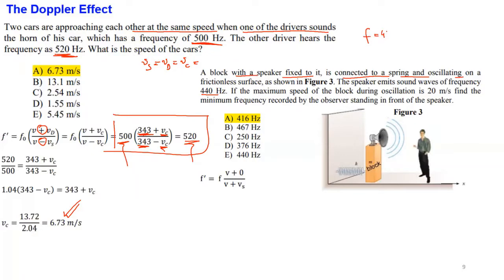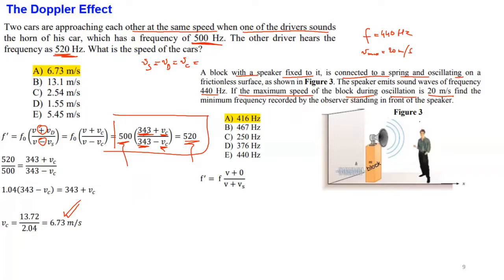F is 440 hertz. If the maximum speed of the block during oscillation is 20 meters per second, so Vmax is 20 meters per second, find the minimum frequency recorded by the observer who is here.